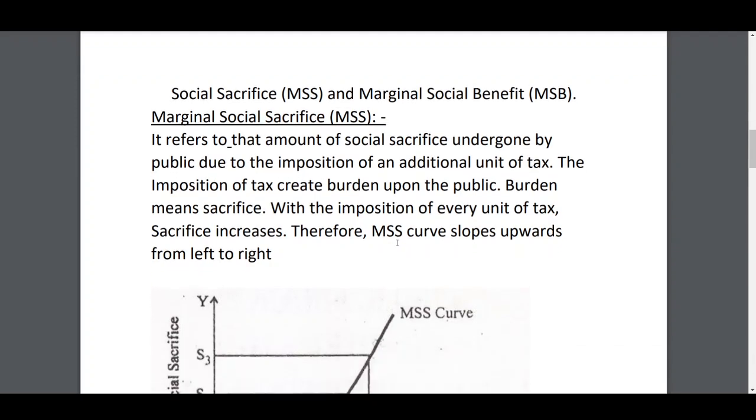So burden means sacrifice. With the imposition of every unit of tax, sacrifice increases. Therefore, the MSS curve, the marginal social sacrifice curve, slopes upwards from left to right.